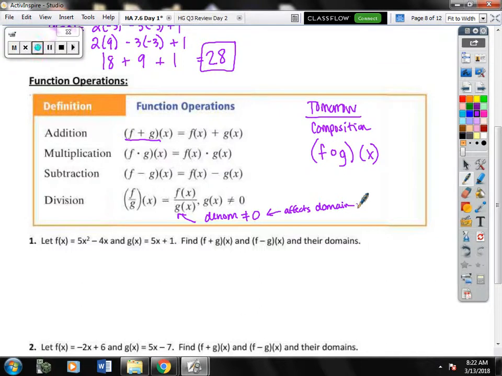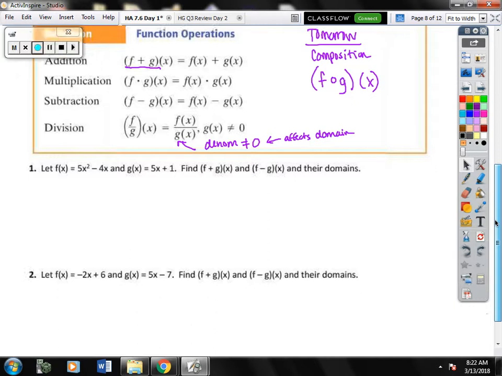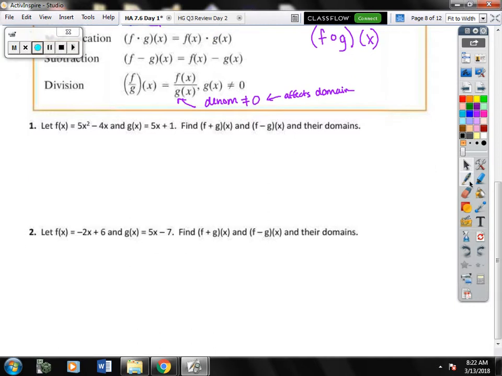All right, for number 1, we are given two functions, f of x and g of x, and they want us to find out what the sum of the functions is and what the difference of the functions is. So our f plus g of x is equal to f of x plus g of x. So we literally just take the two functions and we'll add them together using like terms.